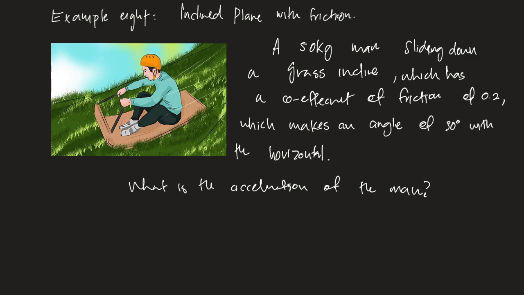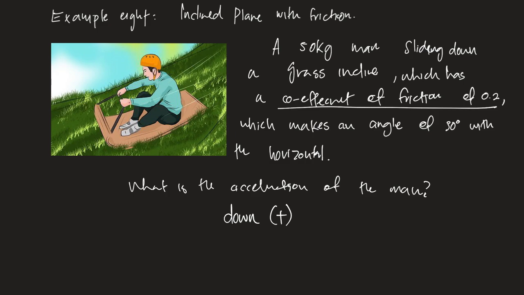Now you've got to set it up. Now, a couple of things. The first thing you need to know is you need to decide which, going up the slide or down the slide, will be considered as positive. Because the natural motion of things is downwards, in this situation I'm going to take anything that's moving down as positive. The second thing is it says there's a coefficient of friction of 0.2.